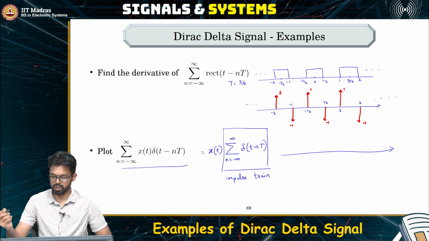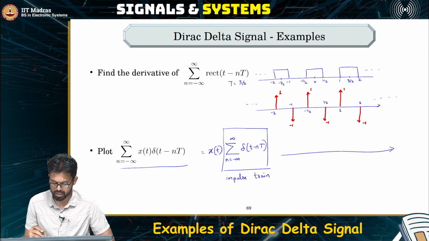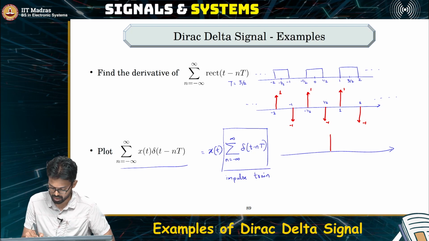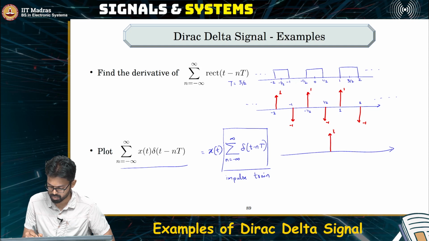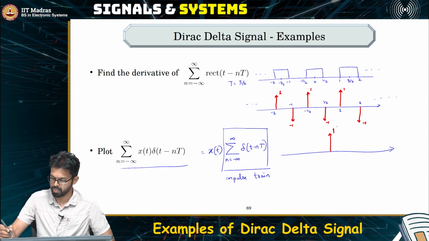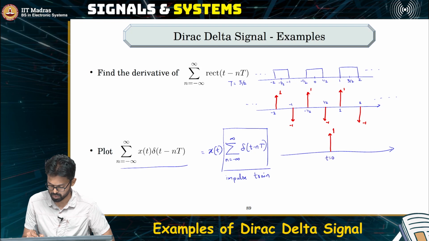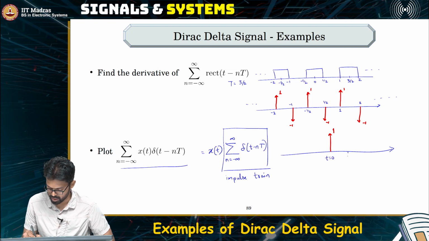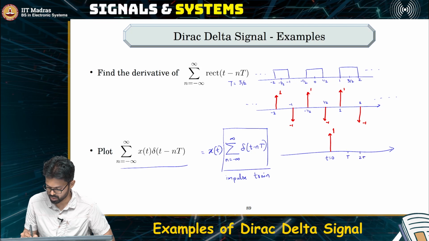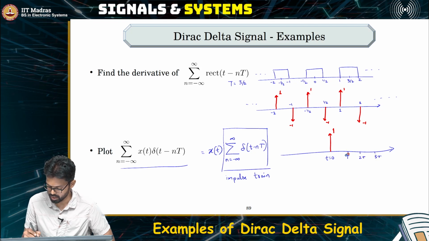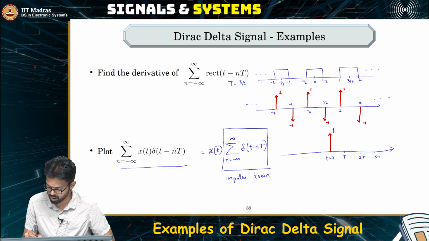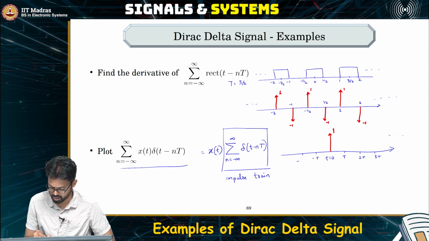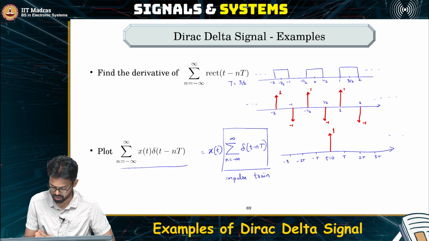It will become clear when you see the plot. So at n equal to 0, you get the Dirac delta function here, at t equal to 0, and let's say t equal to T, 2T, 3T, and so on, and minus T, minus 2T, minus 3T.